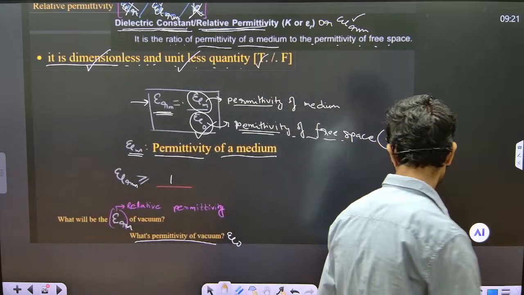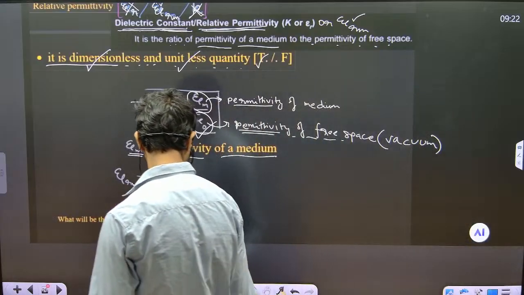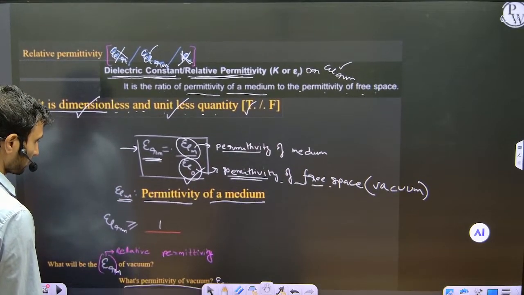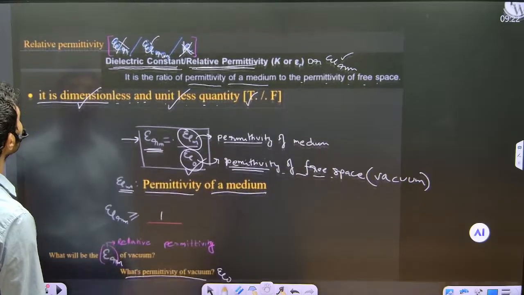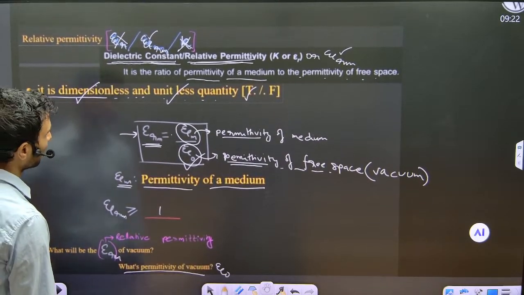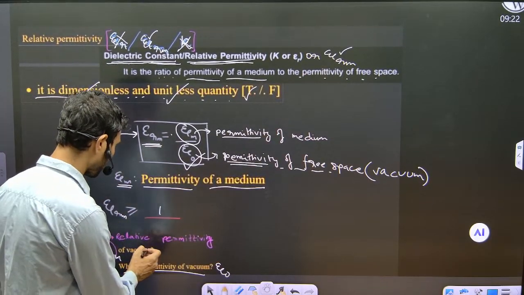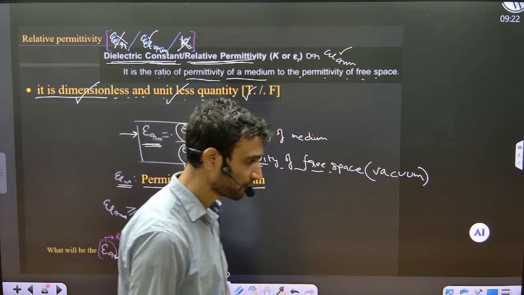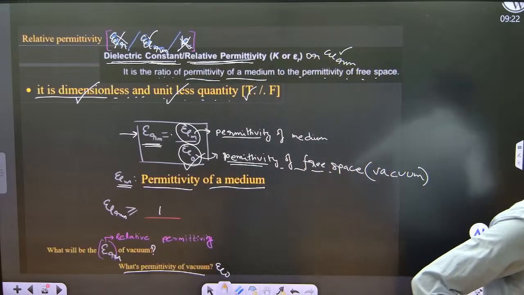So think about that, and while you're thinking, you can copy this stuff. Take it down, and also think about this question. You have to answer this question yourself. Once you have copied down, I'll tell you, and we'll move to the next slide.